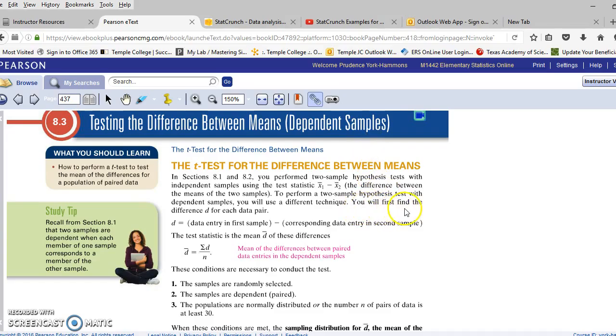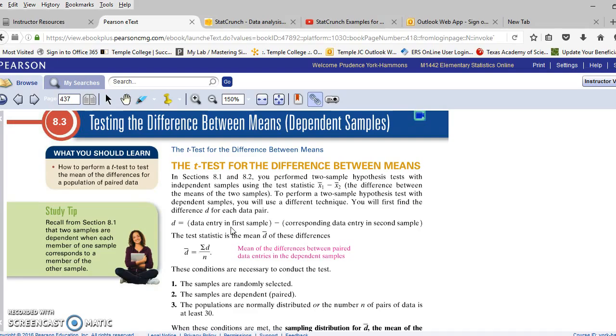So what we're going to do first is find the difference that we're going to call D for each data pair. So it's kind of like a before some sort of treatment and after some sort of treatment. So the D is the data entry for the first sample, and we're going to subtract the corresponding data entry from the second sample. So maybe it's like, I think there was an example about weightlifting.